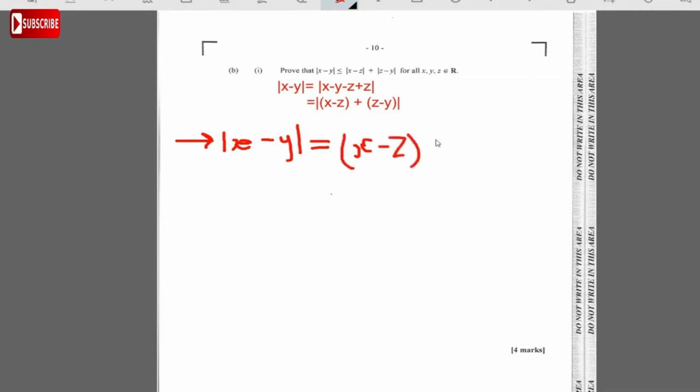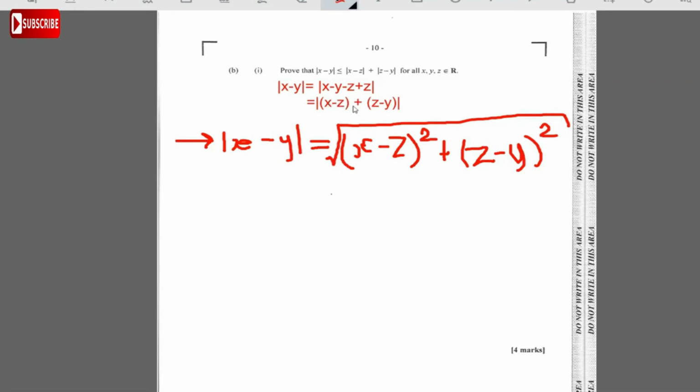That's what modulus means, length: x minus z square plus z minus y bracket square, and all of this is being square rooted. That's what modulus means. So this is what we have.